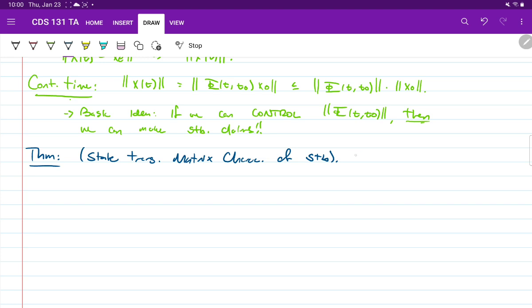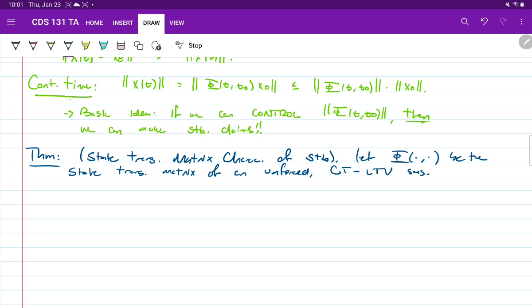Let phi be the state transition matrix of an unforced continuous time linear time varying system. All right, so standard state transition matrix.